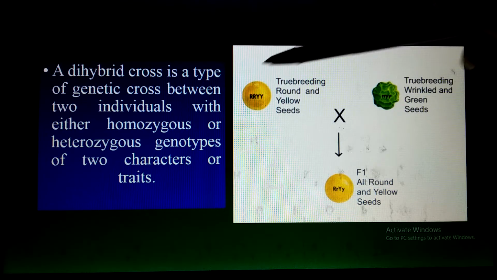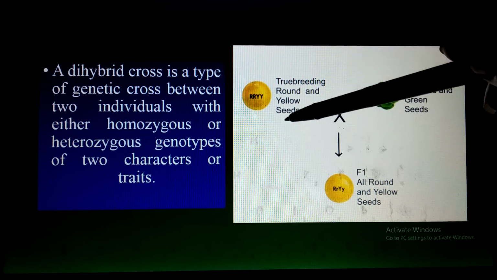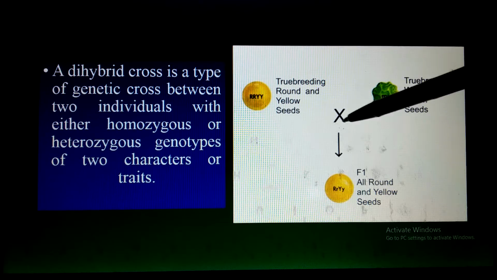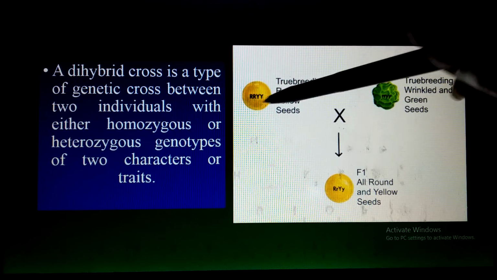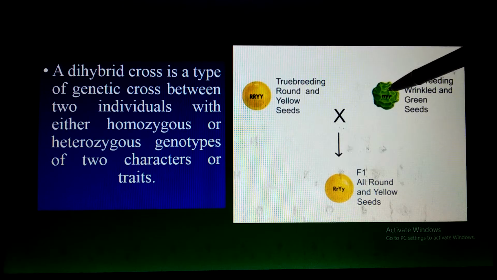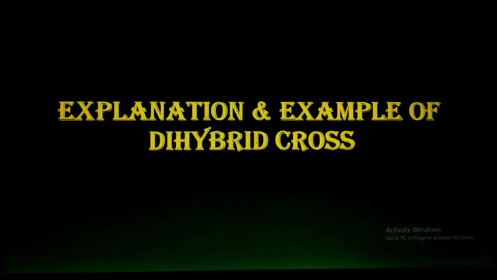Is it clear? Both are phenotypically pure breeding, yellow and round, and green and wrinkled, but genotypically they are homozygous, meaning all the alleles are the same. They are homozygous dominant and homozygous recessive. Okay.